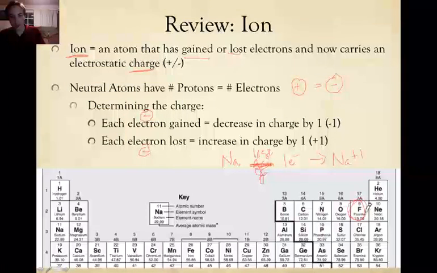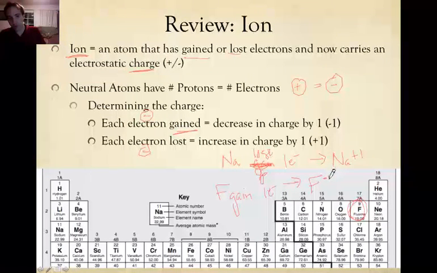With fluorine, the other example we talked about, fluorine wants to gain 1 electron, so its charge, it's gaining 1, so its charge will decrease by 1. So its symbol would be fluorine -1. Okay, both are ions. They're both now more stable because they have their octet, but they carry a charge. So sodium carries a +1 and fluorine carries a -1.